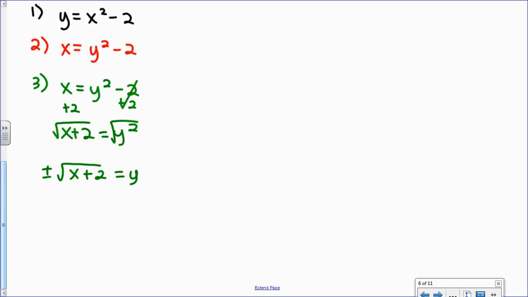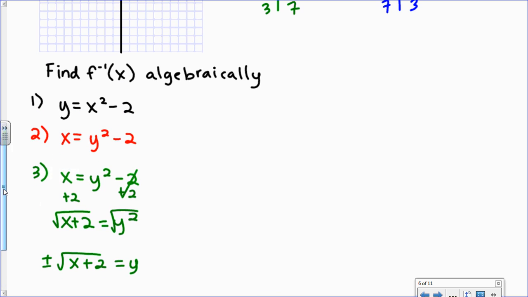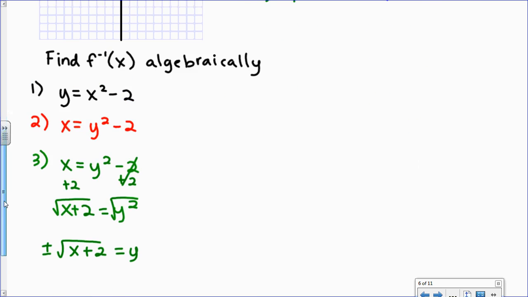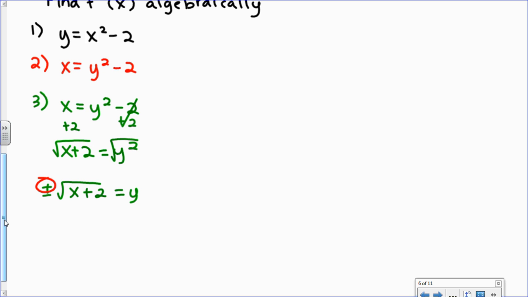Okay. This is where the domain restriction comes in. So since I just took the right side of that parabola, that x is greater than or equal to 0, then I just need the positive part of the radical x plus 2.